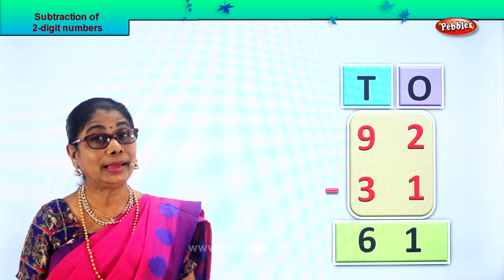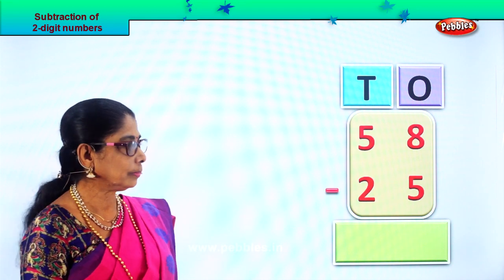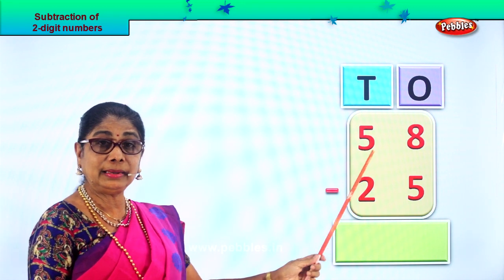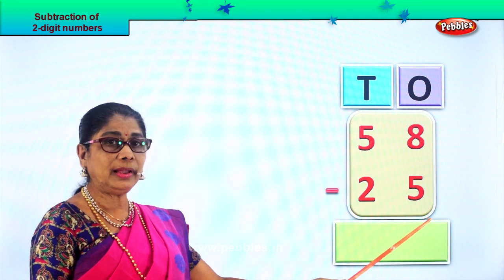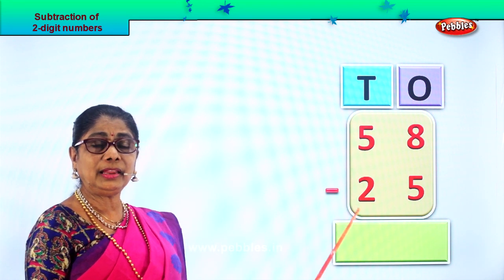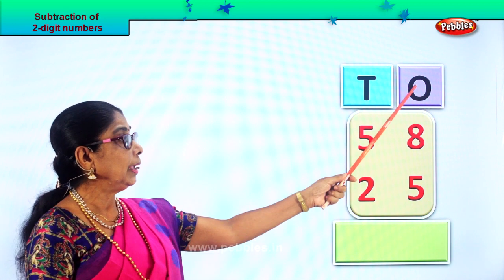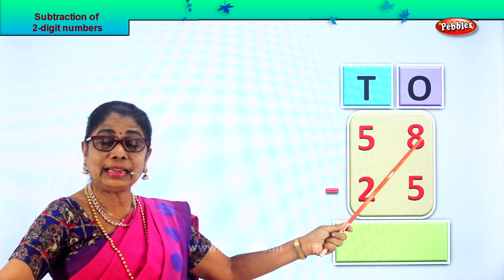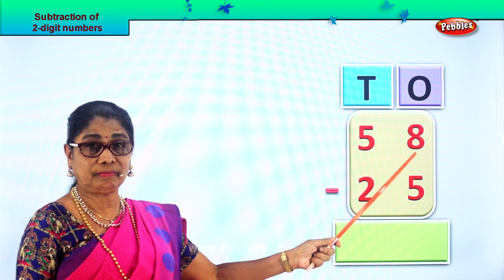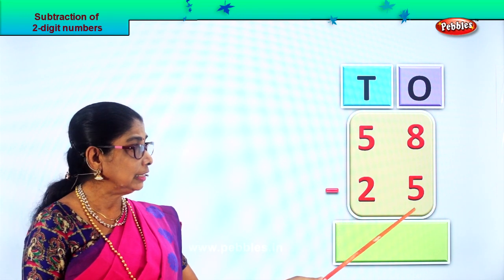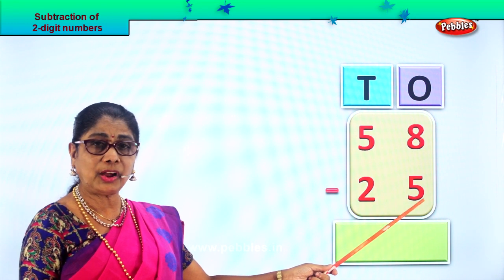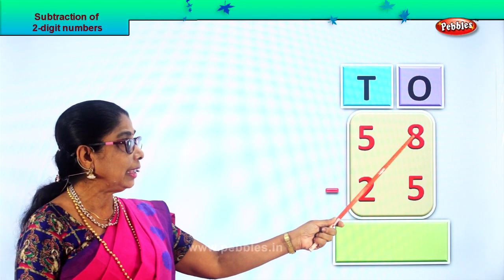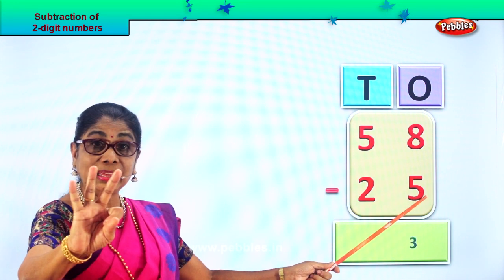Did you enjoy subtraction of two-digit numbers? Let's look at another new sum. 58 minus 25. 58 take away 25. What is the answer? In the ones place you have 8 and 5. 8 take away 5. From 5 count up: 5, 6, 7, 8. So what is 8 minus 5? 3.